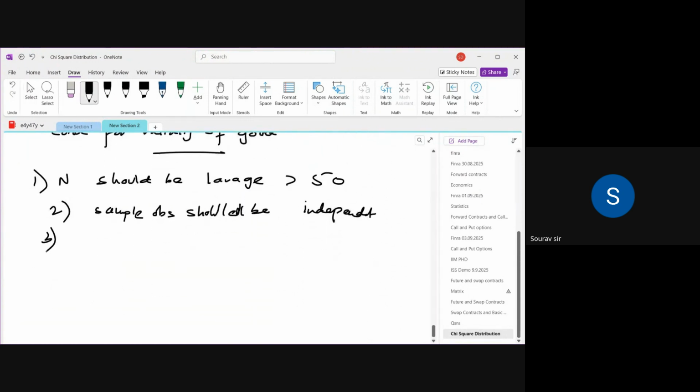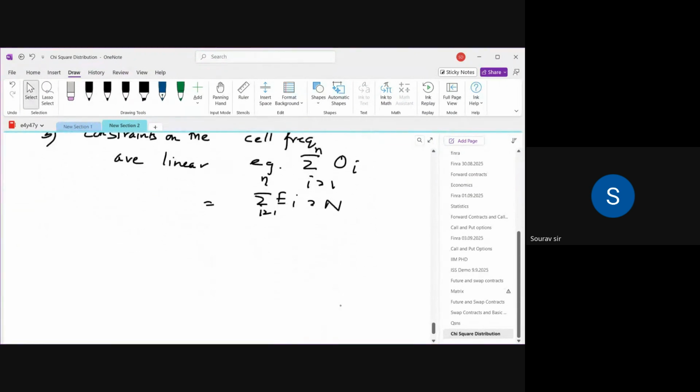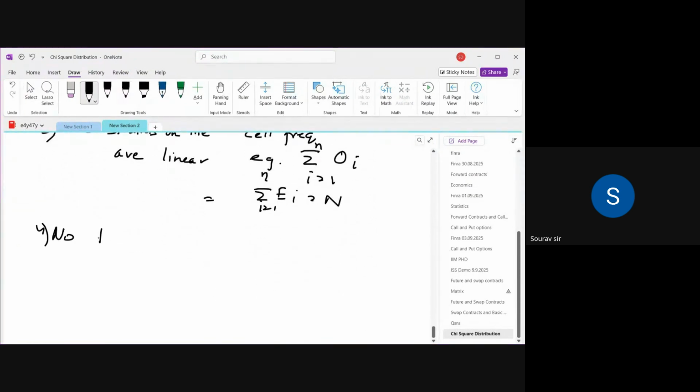Next, constraints on the cell frequencies are linear, like summation of O_i equals summation of E_i equals N. And no theoretical cell frequency should be small.